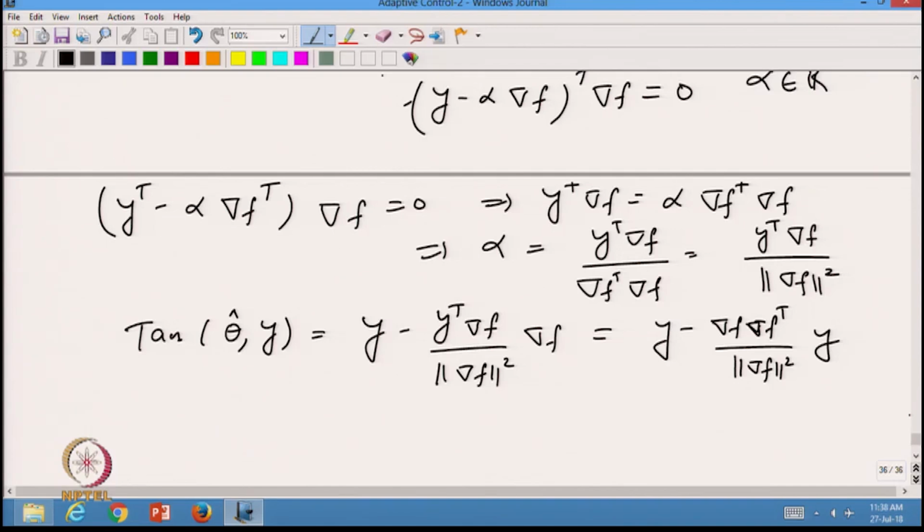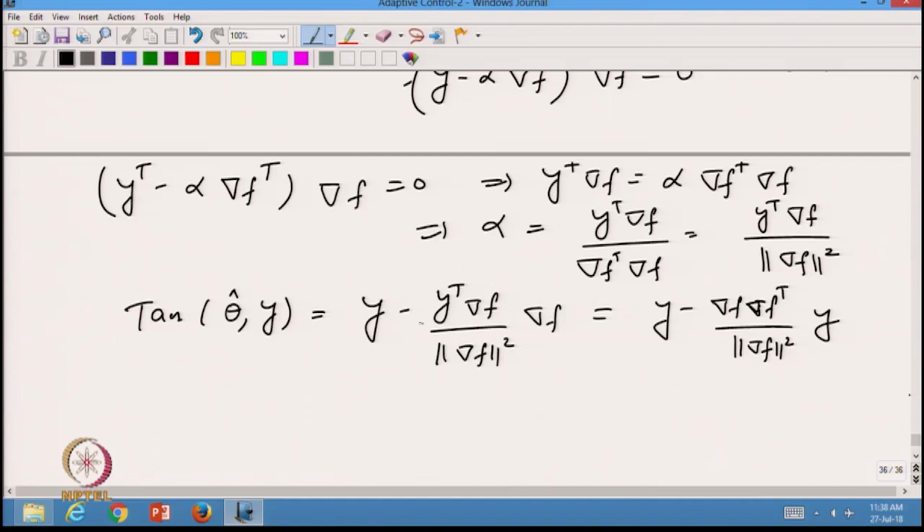Okay, so this can be moved to the other side, since this entire term is a scalar, and then we take the transpose of that.